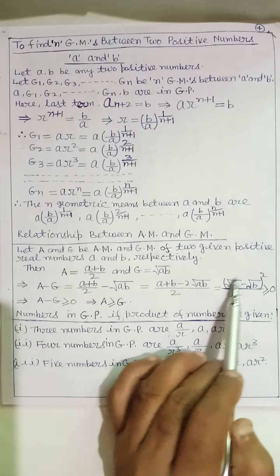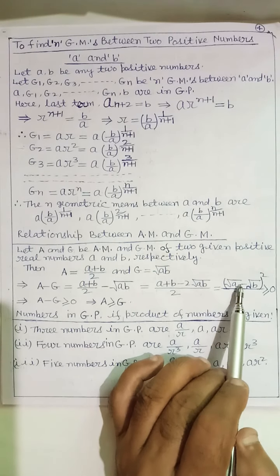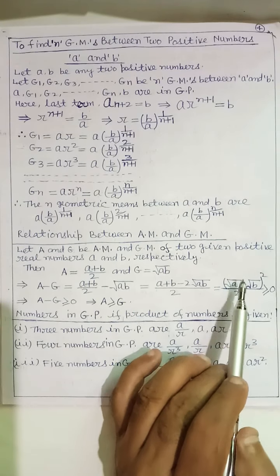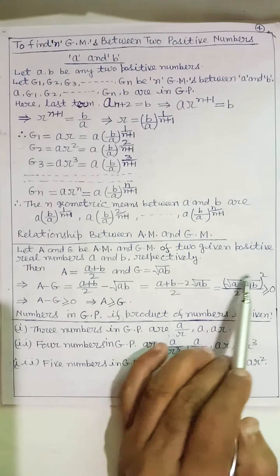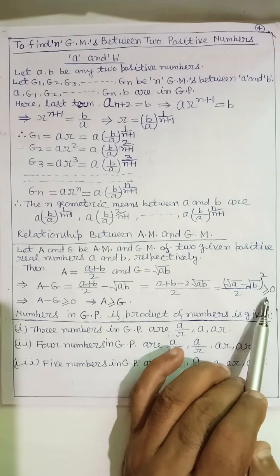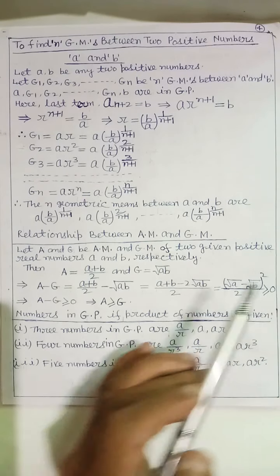Because this is a square, it will always be positive. Minimum value will be 0 or greater than 0, so the value may be greater than or equal to 0.